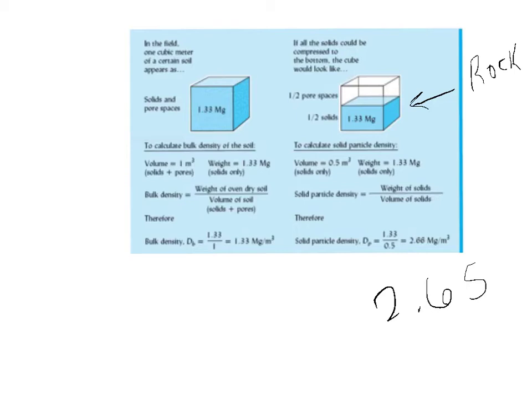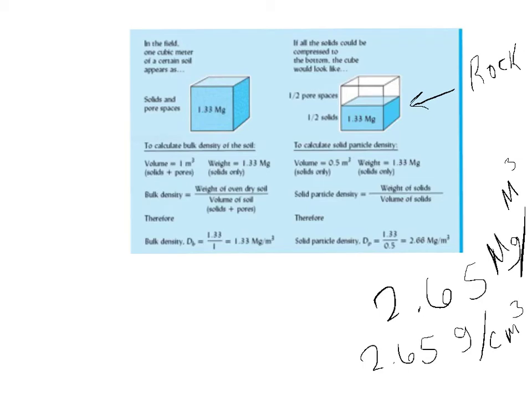So we can assume that it's 2.65, your book has it as megagrams per meter cubed. That's also the same reading as what we'll do in some of your lab exercises, which is 2.65 grams per centimeter cubed.